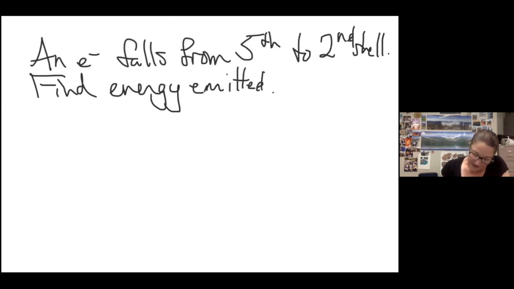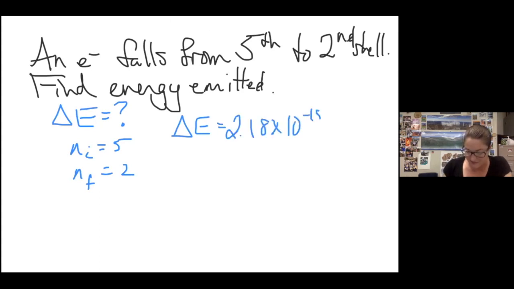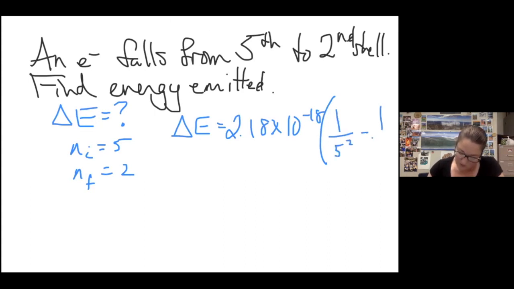I know that I'm looking for the change in energy. My initial shell, Ni, is 5. My final shell is 2. So the change in energy is going to equal RH, which is 2.18 times 10 to the negative 18th, times 1 over 5 squared minus 1 over 2 squared.